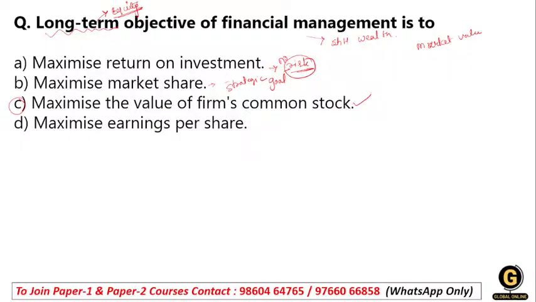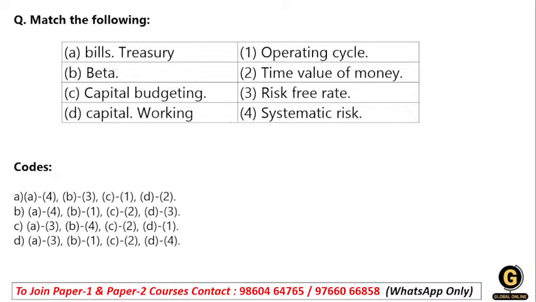Then moving toward the next question. This is C. Now the next question is treasury bills. There is a printing mistake, sorry for that, this is not bill, it is treasury bills.